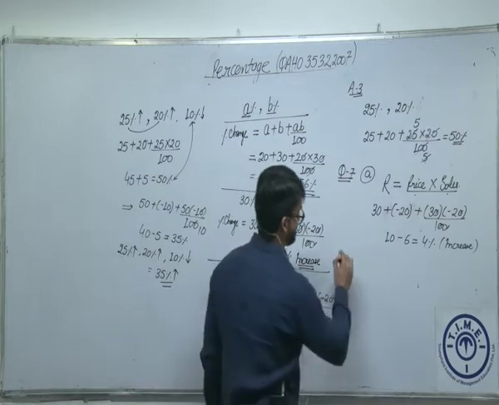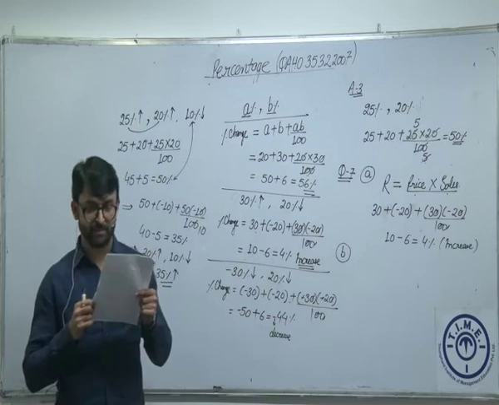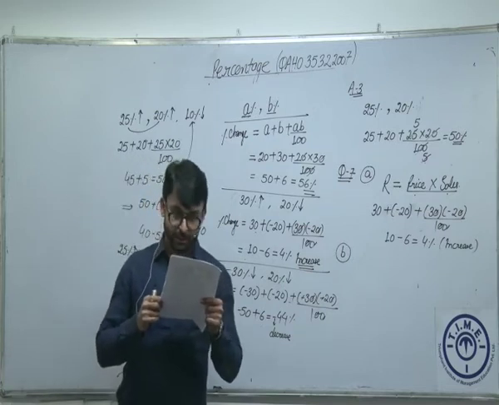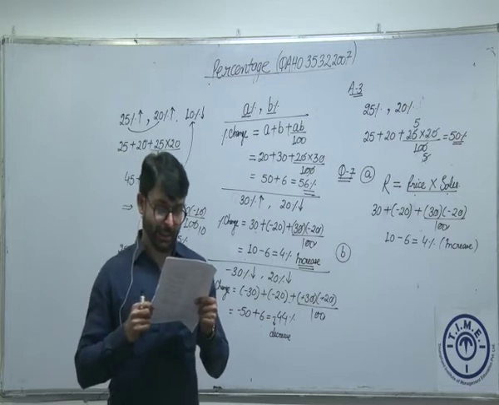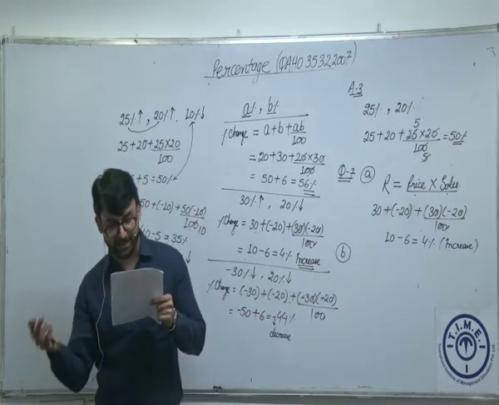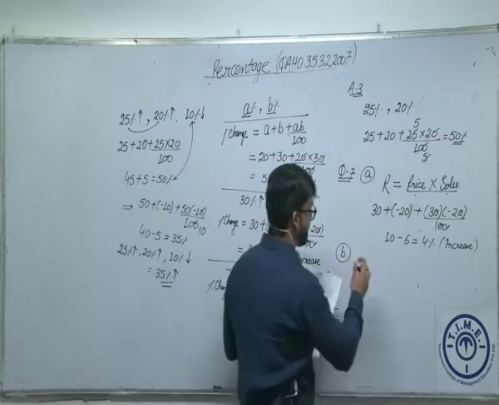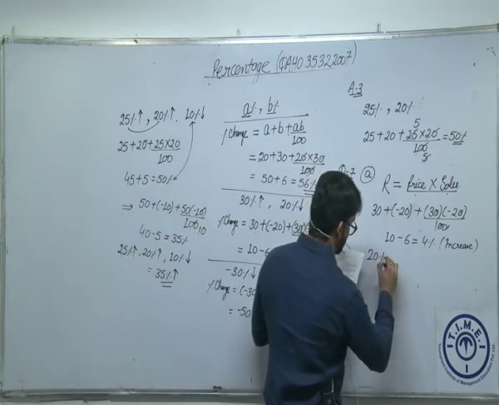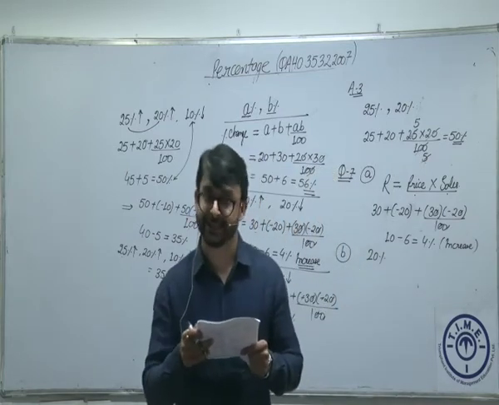We can take B part of this same question also. The price of an article is increased by 20% and again increased by 30%. Find the overall percentage change. A little bit misprinted. It's not gain, it's again.